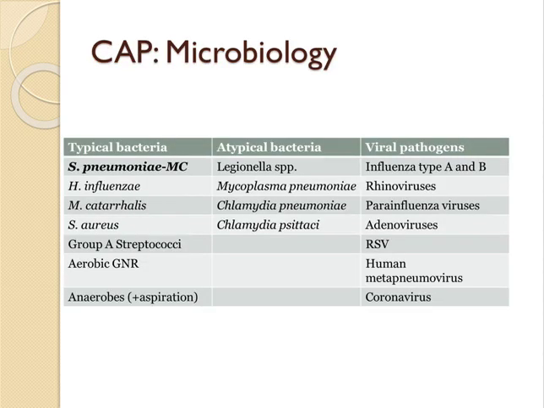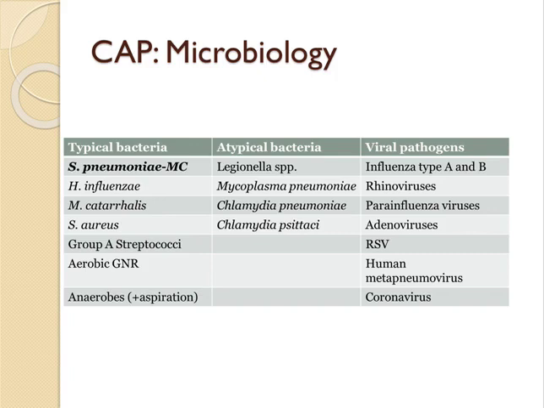And just a couple of slides to refresh our memory on the microbiology and common pathogens for community-acquired pneumonia. As we know, we can divide them into three categories. There are typical bacterial pathogens, with strep pneumo being the most common one, followed by H. flu, Moraxella catarrhalis.